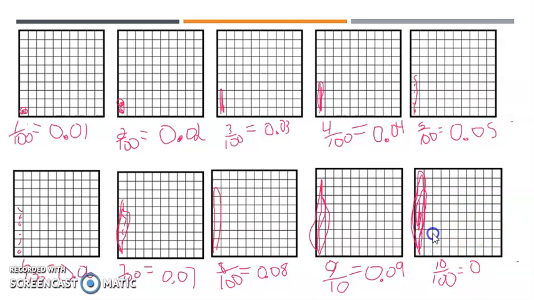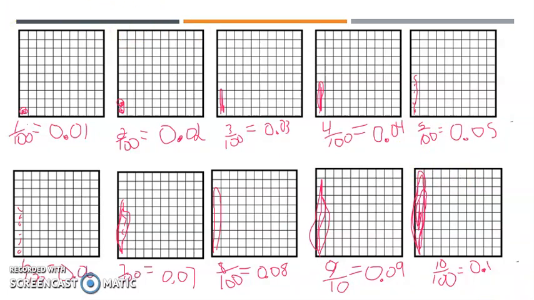There's 10 columns on here. One of the columns out of 10 is shaded in. So now the 1 moves into the tenths place. You can put a 0 behind it. You can say that it's 0 and 10 hundredths, or you could take that 0 off and say that it was 0 and 1/10, because guess what? They're equivalent. That's a very important concept that we have to understand.